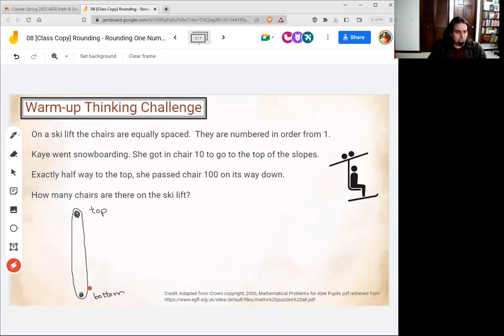There are chairs equally spaced all along this, going all the way up and all the way down. They have numbers, and she is here at number 10, going up. And right opposite her is number 100, going down. So how many different chairs are there on this ski lift machine?